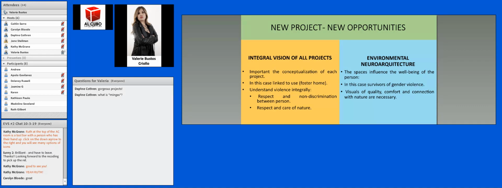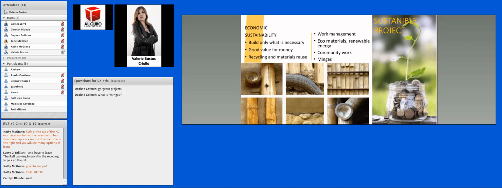It's important to understand a new project as a new opportunity, having an integral vision of it, conceptualizing the project for each case, in this case linked to youth, understanding violence integrally. So it's important also to understand that the space influences the well-being of the person, in this case, survivors of gender violence. Casa de Acogida Ninahuasi is a sustainable project.